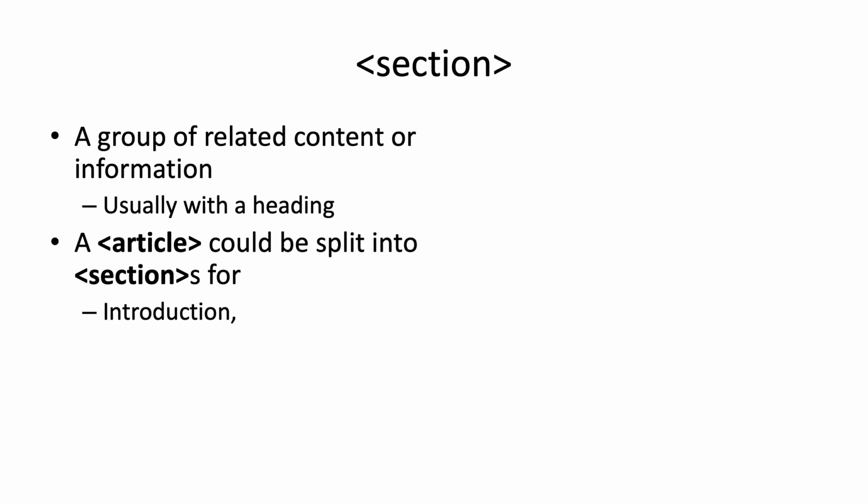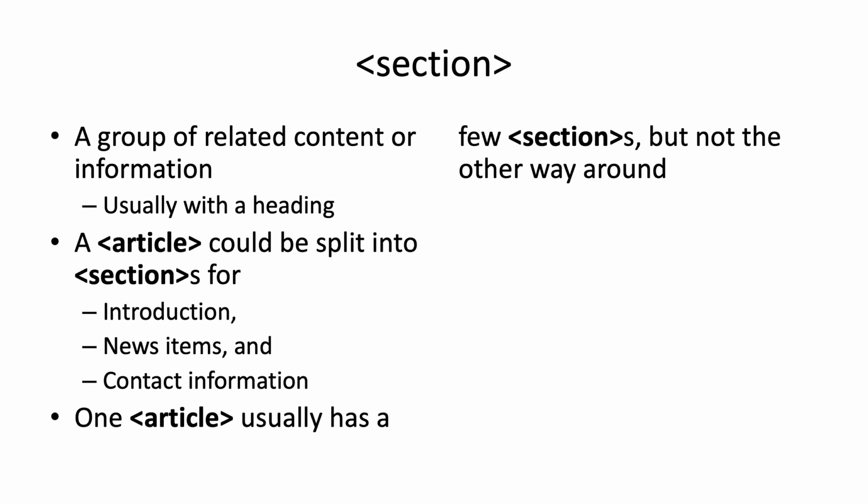For example, if you have an article on a page, you can have multiple sections inside it, say one section for introduction, one section for news items, one section for contact information, one section for conclusions, etc. So one article usually has a few sections, just as when you're writing a report or paper, but not the other way around. It's much less common to have articles inside a section.